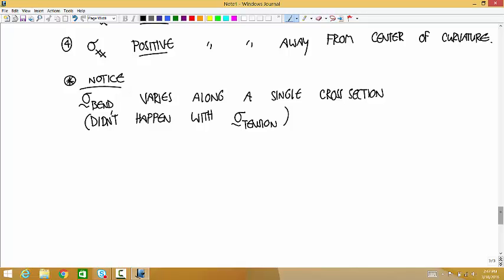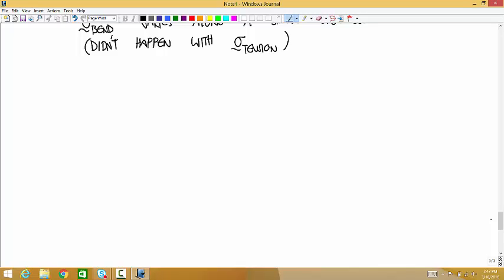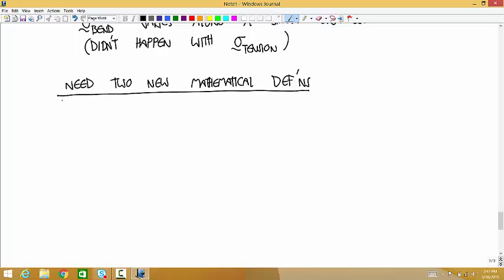Okay, so we need two mathematical definitions before we can come up with the formula for how to calculate this stress. Two new mathematical definitions. The first one is the neutral axis.